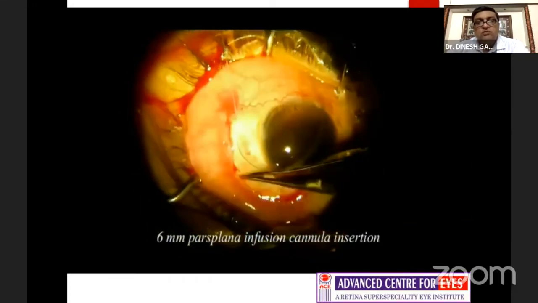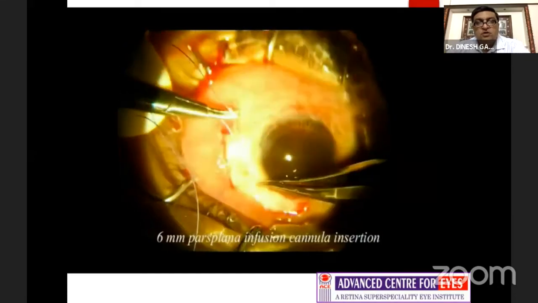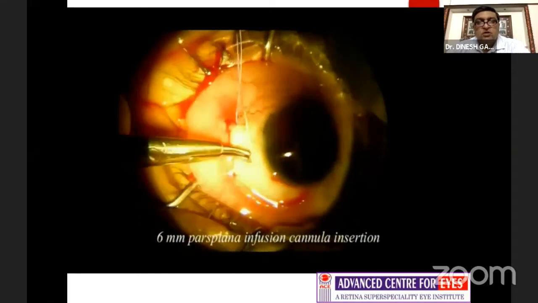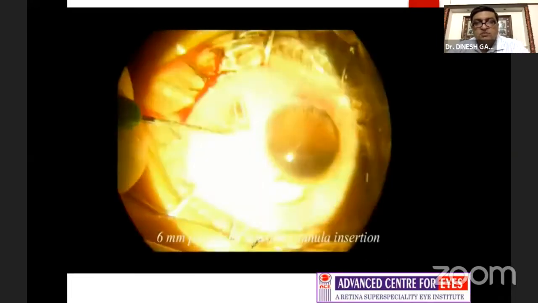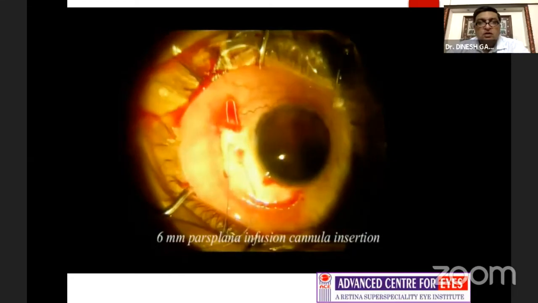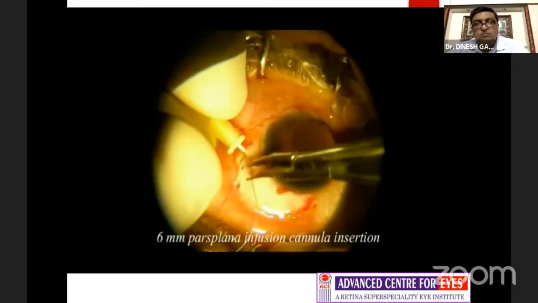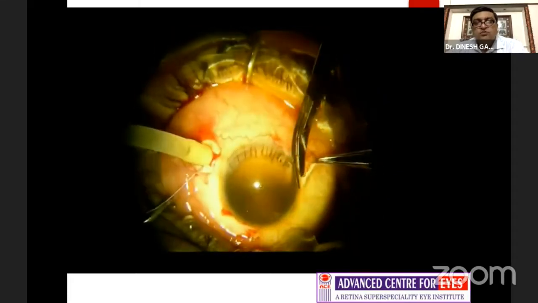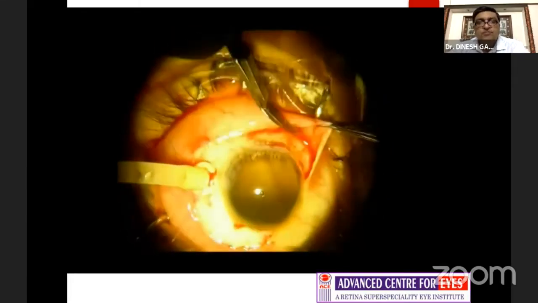You can see the corneal sutures. When I did this surgery, I was using a 20 gauge vitrectomy system. We have placed a 6 millimeter infusion cannula 3 millimeter away from the limbus, in the pars plana. This is to maintain a steady intraocular pressure throughout the surgery.